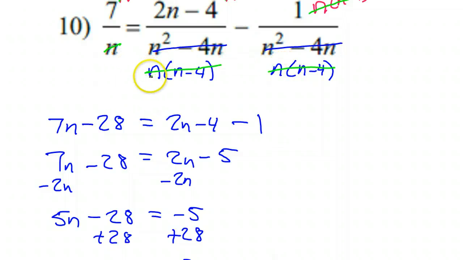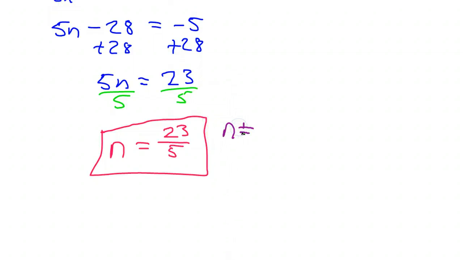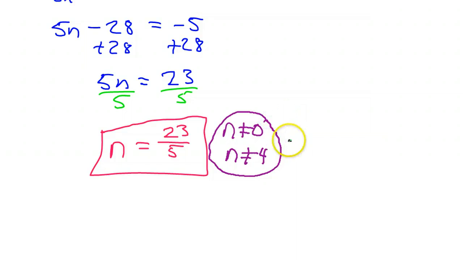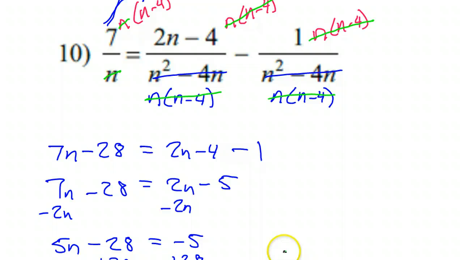All right, the factor of n tells us that n cannot be 0. The factor of n minus 4 means n cannot equal +4. So n cannot equal 0. N cannot equal +4. All right, so that is how you do number 10.